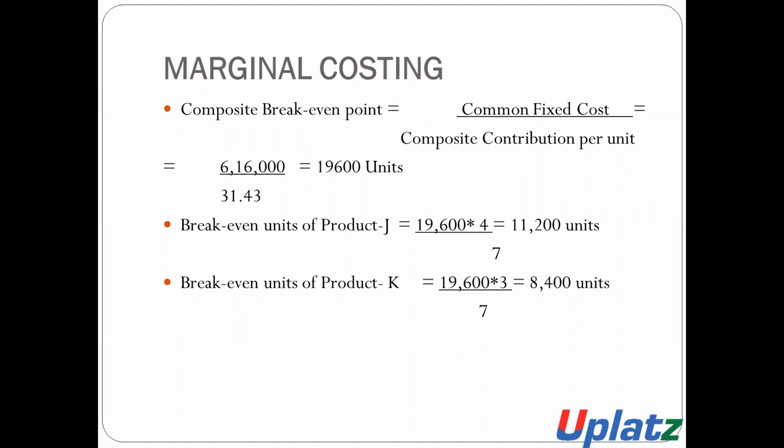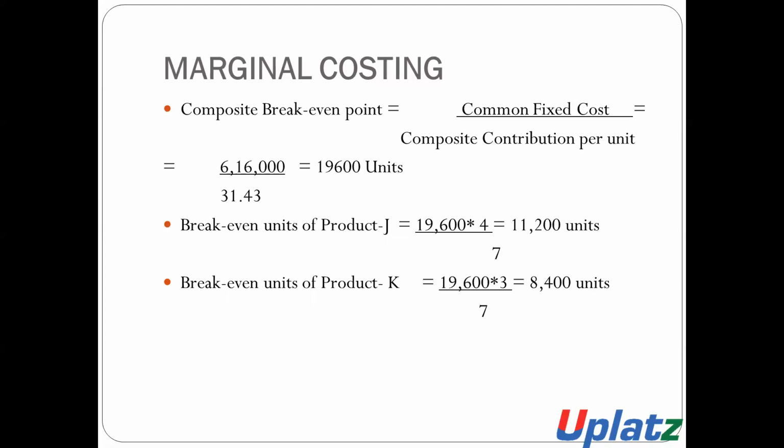What is the composite break-even point? The composite break-even point is equal to common fixed cost divided by composite contribution per unit.